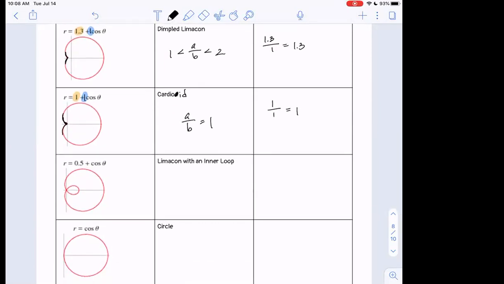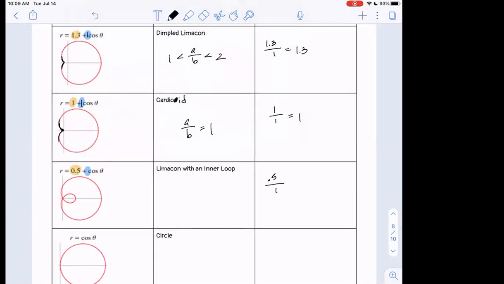All right, so what happens if our ratio is between 0 and 1? Our a value is 0.5, our b value is 1. So we have 0.5 divided by 1, which is 1/2.